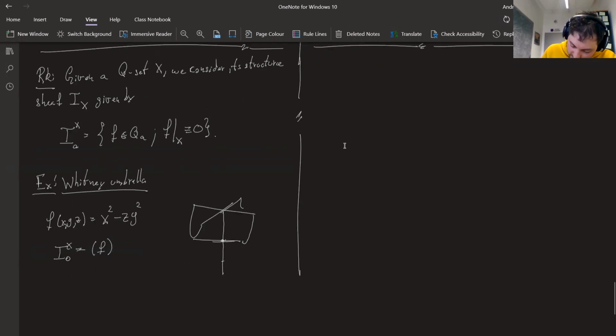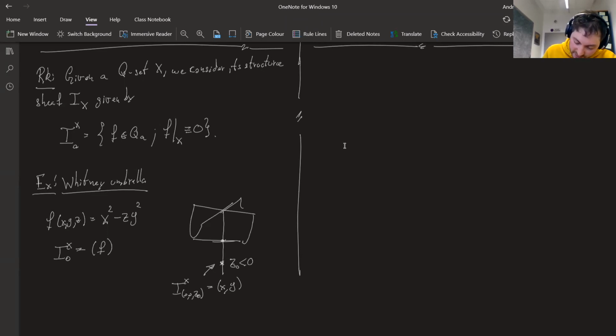But if we take some point here with z0 smaller than 0, then the structural ideal sheaf at this point is actually going to be given by x and y. It's actually given by x squared minus z y squared. Sorry, so here I would like z to be negative, yes, so that this becomes x squared plus y squared. So it's actually going to be given by x and y.